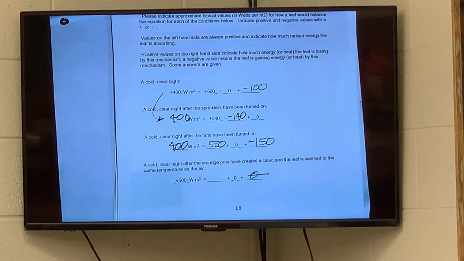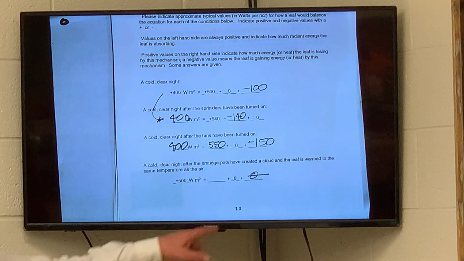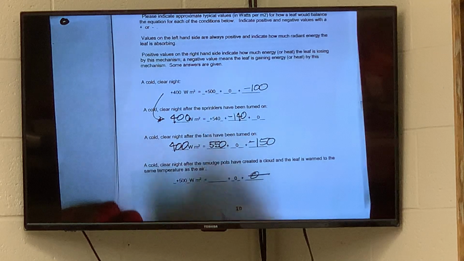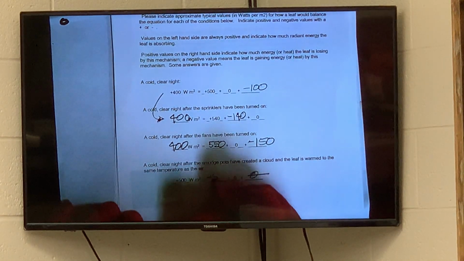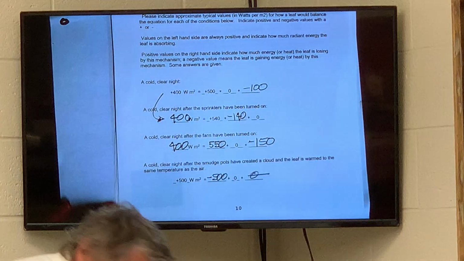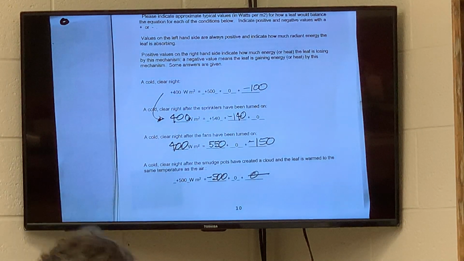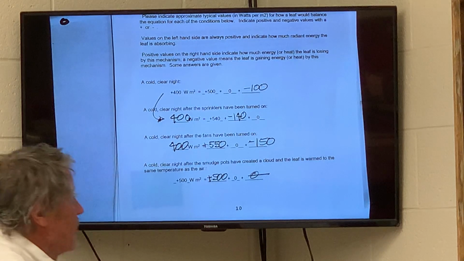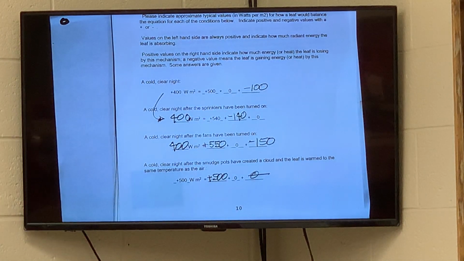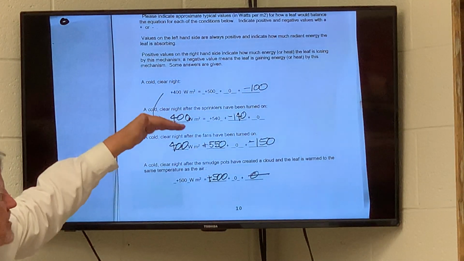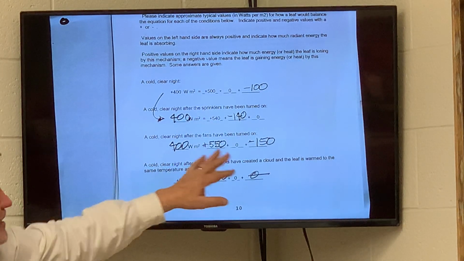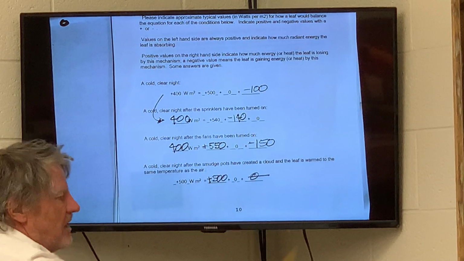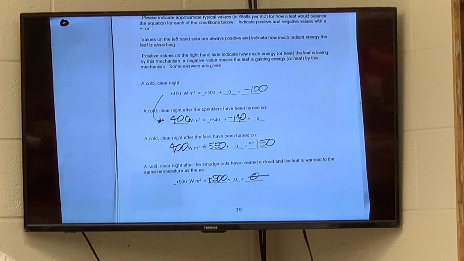So that one could easily go to 0. It doesn't have to be exactly 0, but that would be a typical number. And now this one right here is 500. It's actually, these are all plus 500s, to make the energy balance. So this is a matter of step-by-step thinking this through and getting the numbers so they balance. The exact numbers aren't important, it's just the concept, which direction do the numbers go.